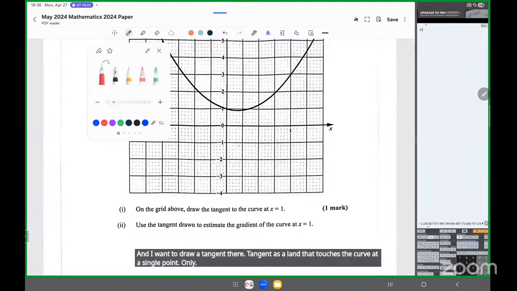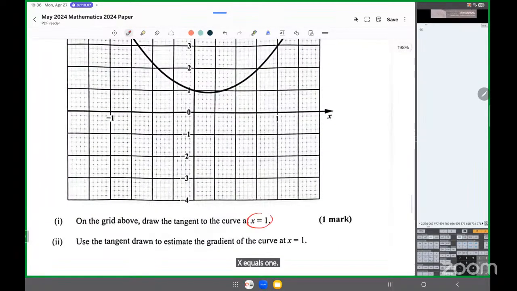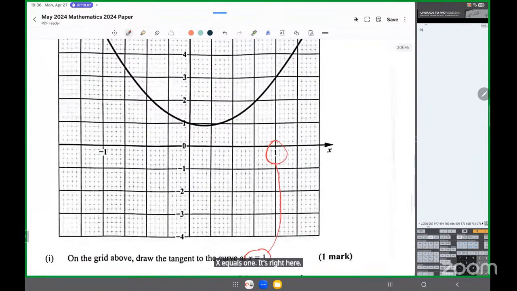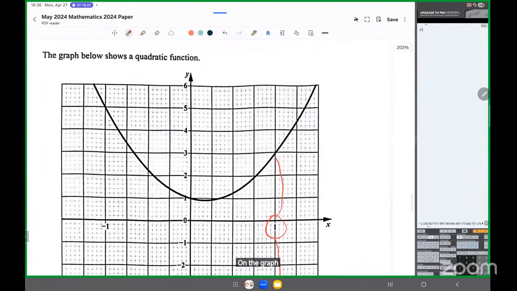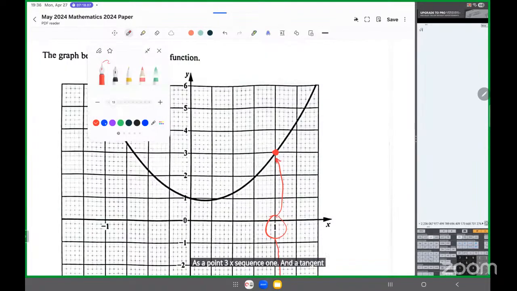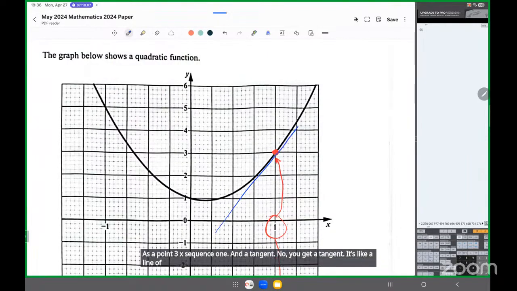So x equals 1 is right here on the graph. They want the tangent at that point. That's the point where x equals 1. And now you get the tangent. It's like you line up a ruler against it like so.